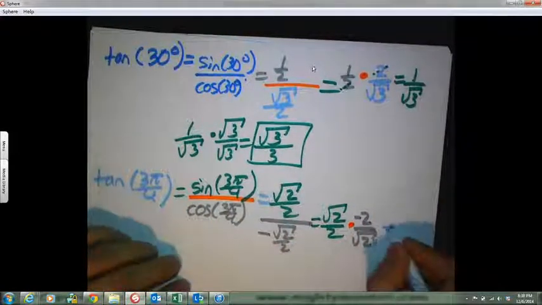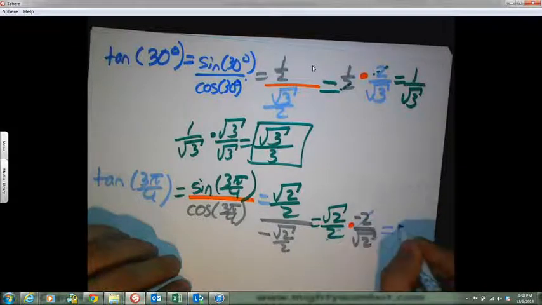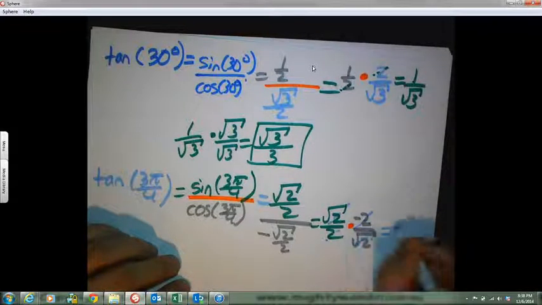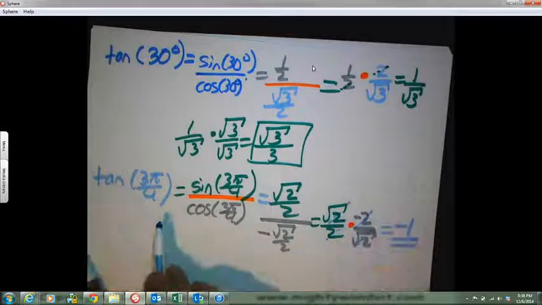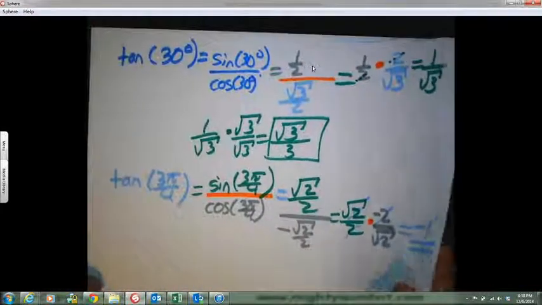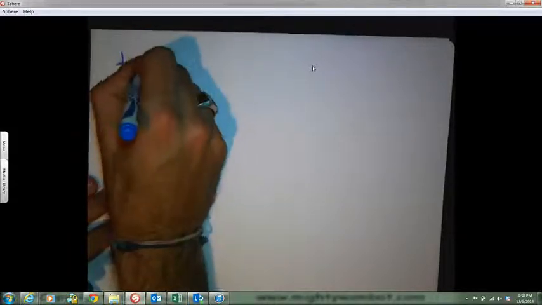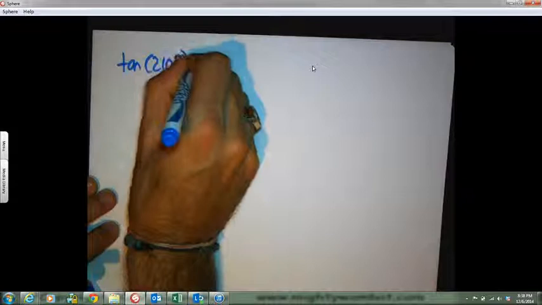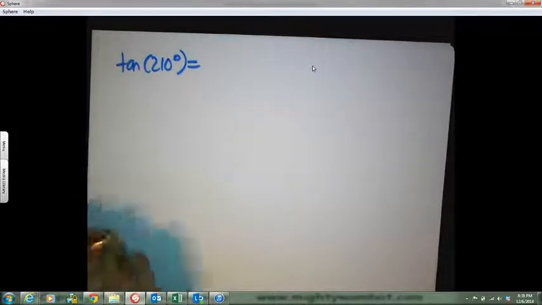Next example is tangent of 210 degrees. Tangent of 210 equals sine 210 divided by cosine of 210.